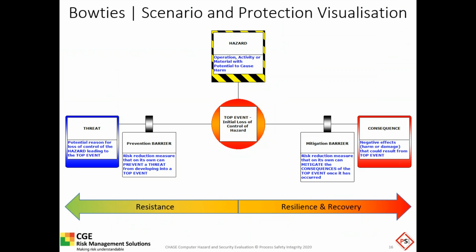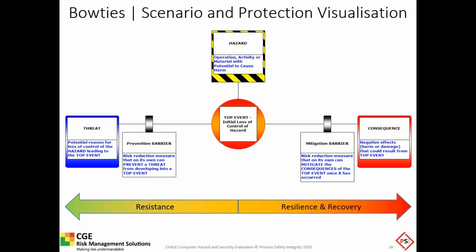So moving from scoping and screening into the actual risk assessment itself. So the conventional bow tie from a process safety perspective is that you've got some hazard, some operation, activity or material that can cause harm. You control or contain that hazard, but when you lose control, the top event occurs and you have the potential for negative effects or consequences.